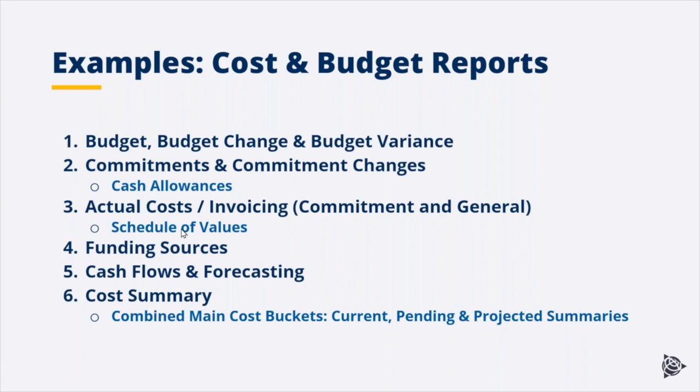Additional cost related features could be funding sources, cash flows and forecasting. And then finally, we want to have an ability to look at a cost summary across multiple of these cost elements across either a specific project or across our portfolio.